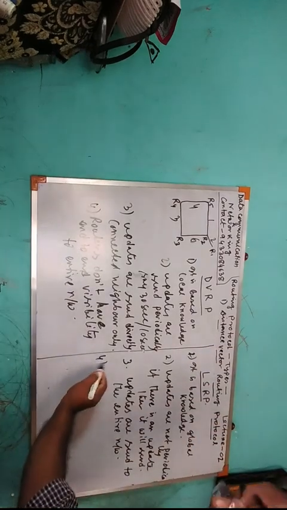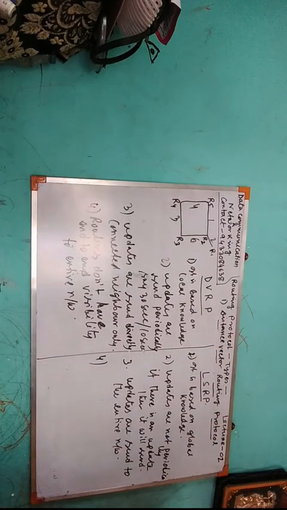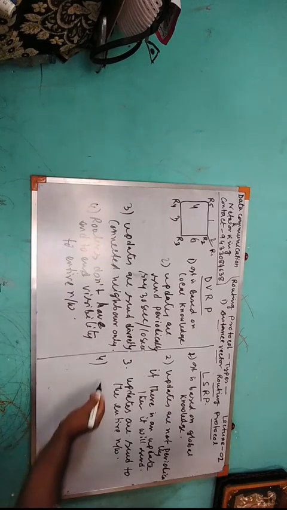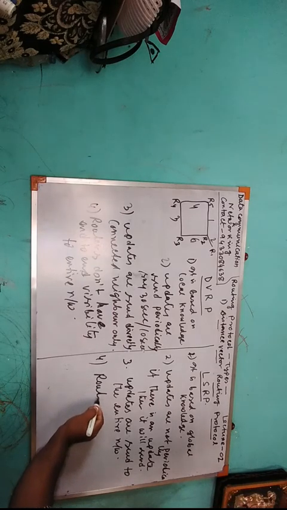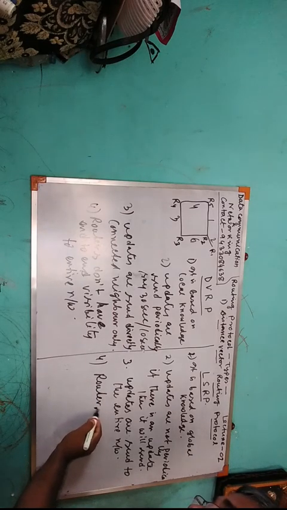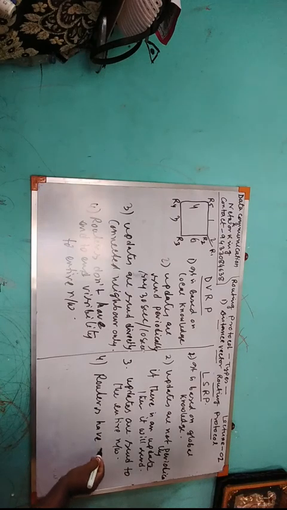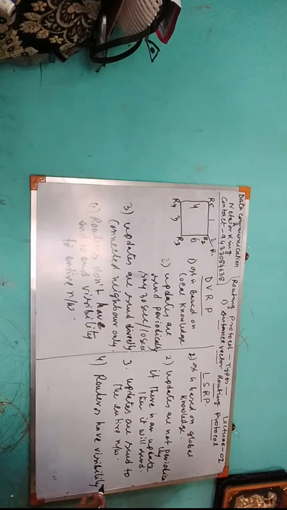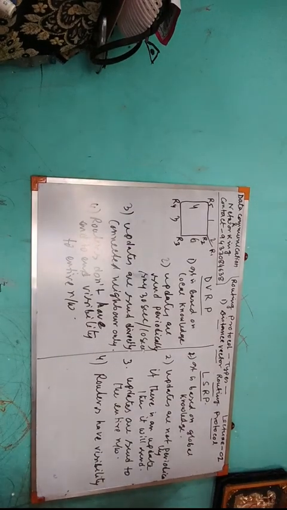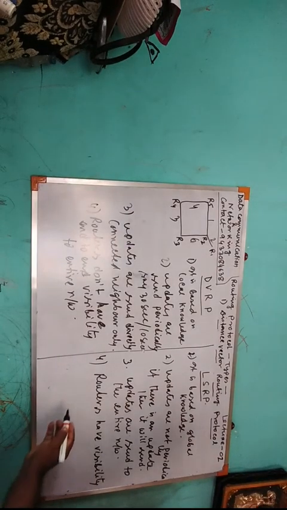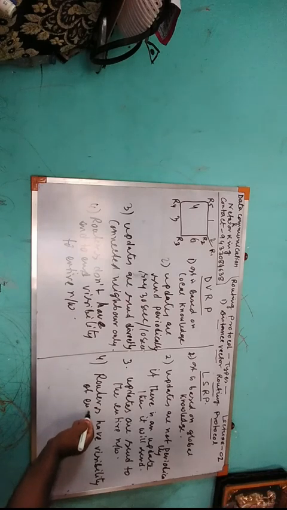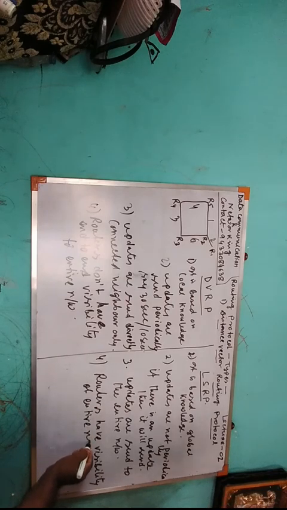Here, in link state, routers have visibility of the inter-network of that area only.